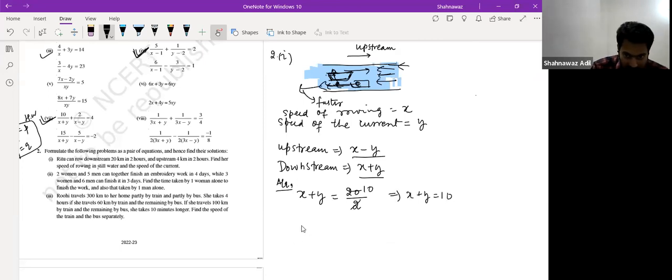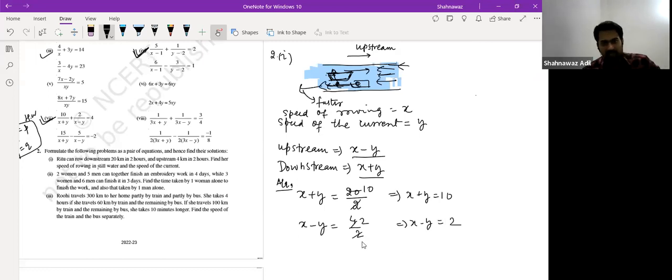And for the upstream case, we have 4 by 2, so x minus y is 2, right, guys? Any doubt in this equation? No, sir. Okay.